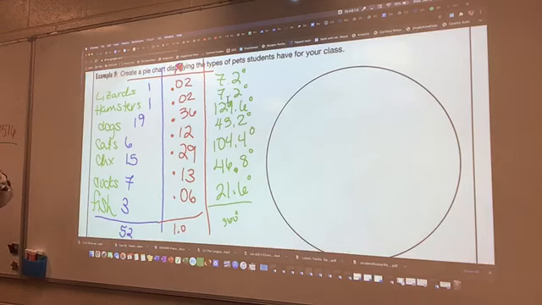Chickens are going to have a good piece of the pie, right? So we have 129.6 degrees. We know this is our 90 and this is our 180. How many degrees past 90 is 130-ish? About 40 more degrees. So about right there.